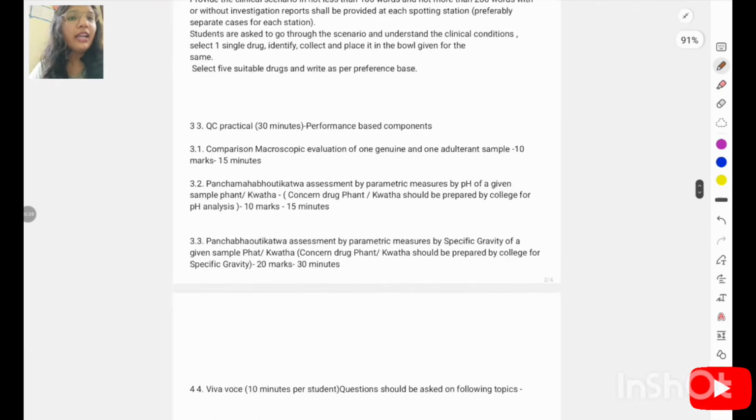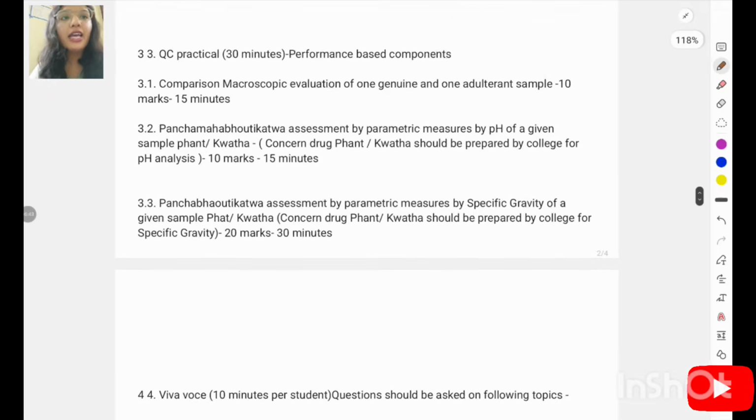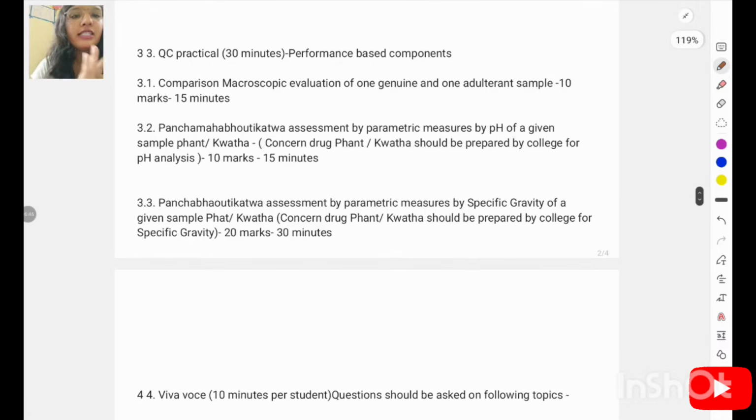The second portion is the QC practical, which is also important, and it has 3 portions. The first portion is a comparison, the macroscopic evaluation of one genuine and one adulterated drug. You are given one genuine and one adulterated drug, and you have to do the macroscopic evaluation.